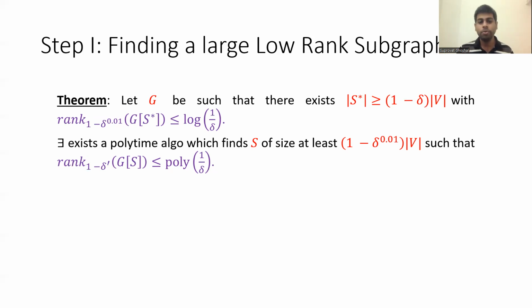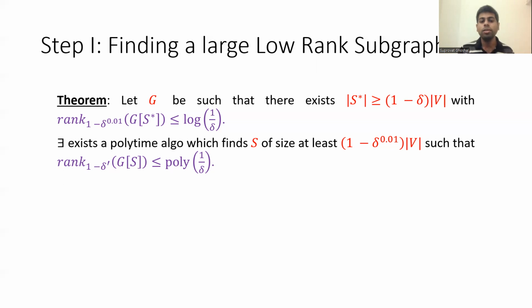We give an algorithm which basically finds a large subset which induces a low threshold rank graph. Formally, we give an algorithm which, if the graph contains a 1 minus delta sized subgraph which has threshold rank at most log 1 over delta, then this algorithm will find another subset of size at least 1 minus delta raised to the 0.1, such that that subset induces a graph of threshold rank at most poly 1 over delta.